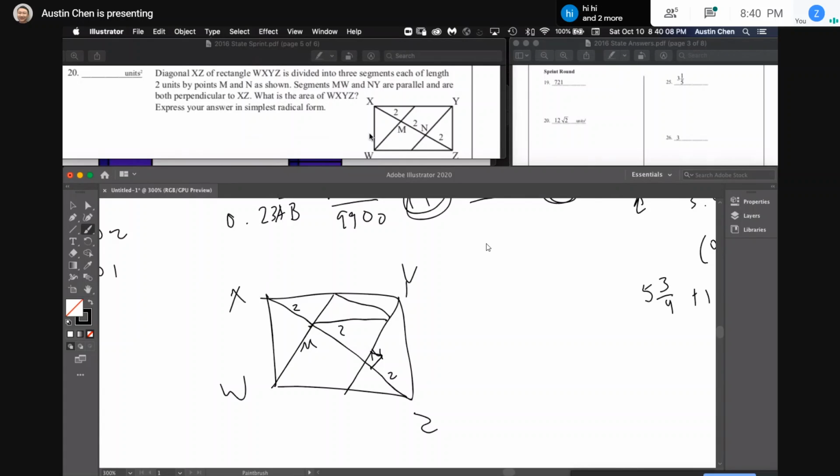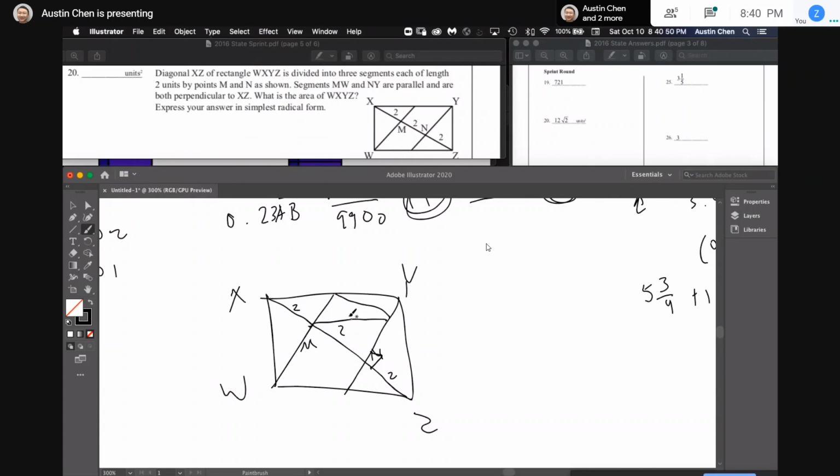And you can rearrange this graph into a rectangle, but I'm not sure how much that would help.